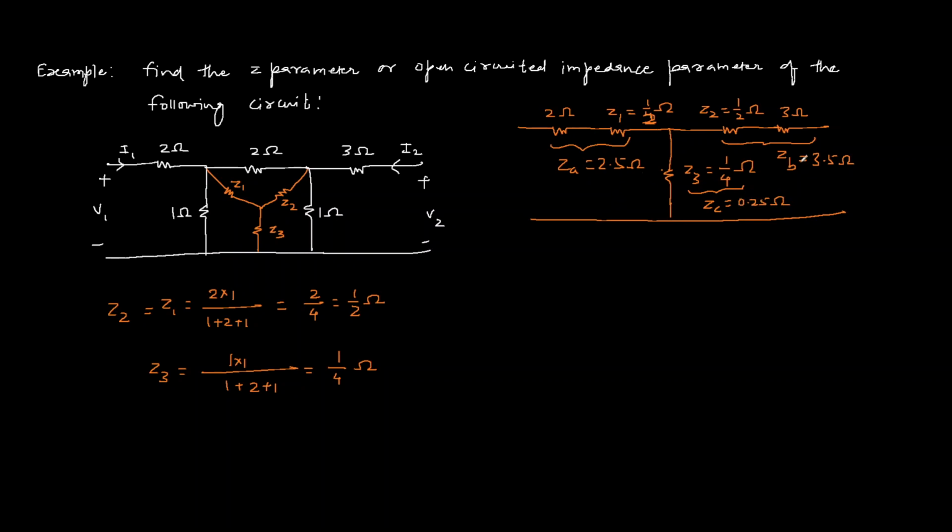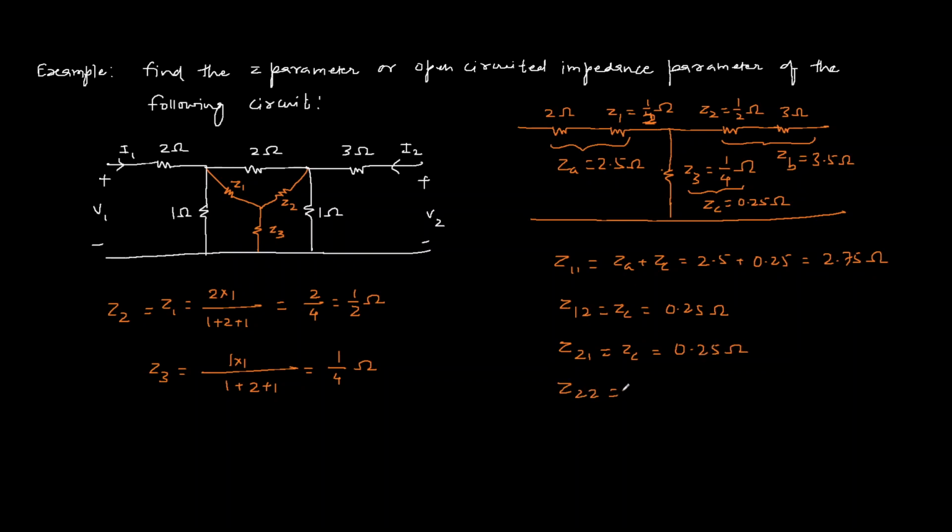So now this is a standard T network, and Z11 is ZA plus ZC. So 2.5 plus 0.25 is 2.75 ohm. Z12 is ZC, so 0.25 ohm. Z21 is also ZC, so 0.25 ohm.